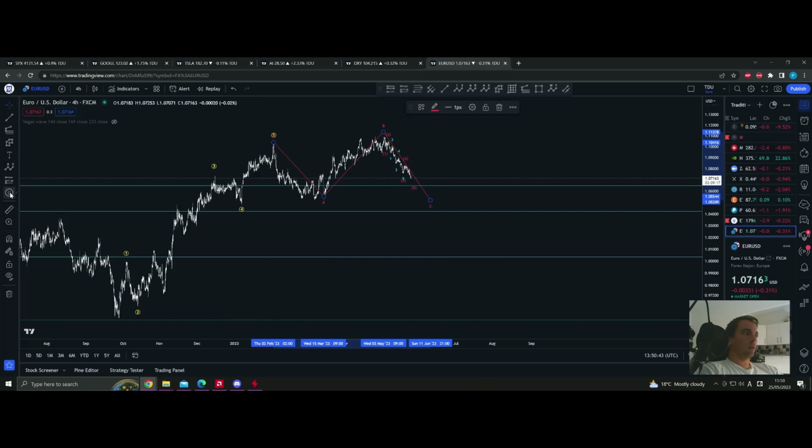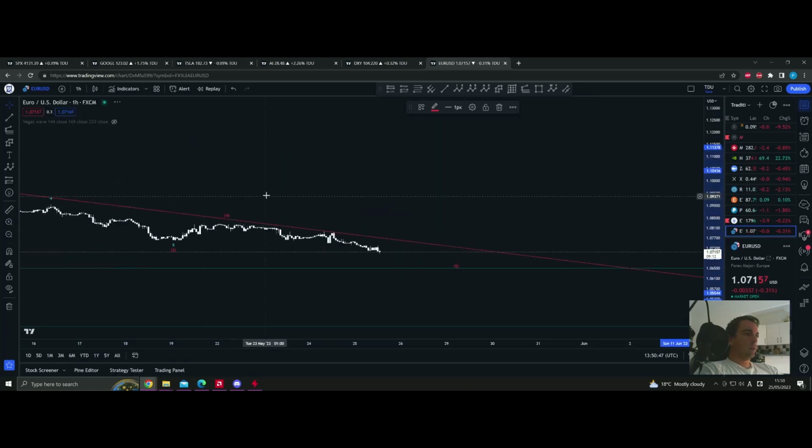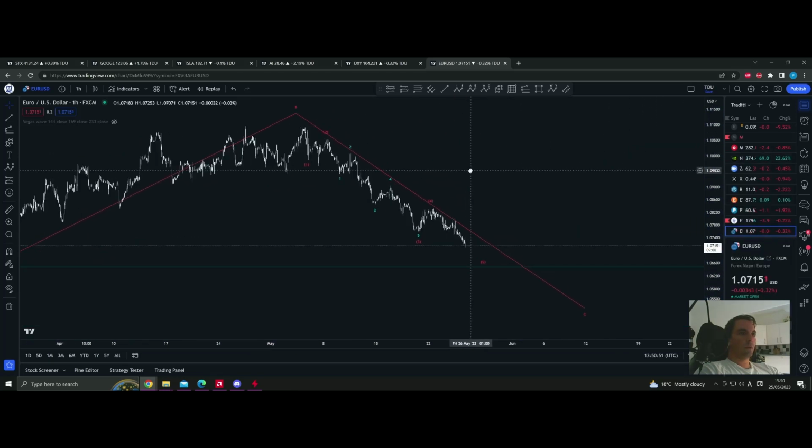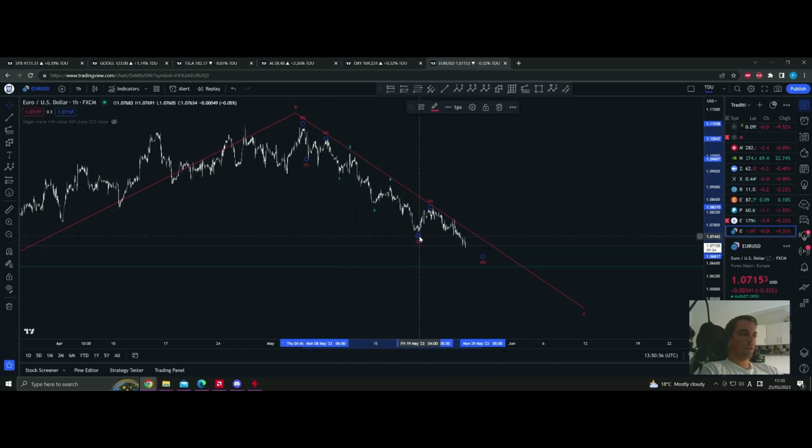And just to go to this small time frame, in 1 hour for example, euro is printing out impulsively downwards. The 1 2 1 2 3 4 5 for your inner 3 4, and then it's 1 2 3 4 5 yet to come.